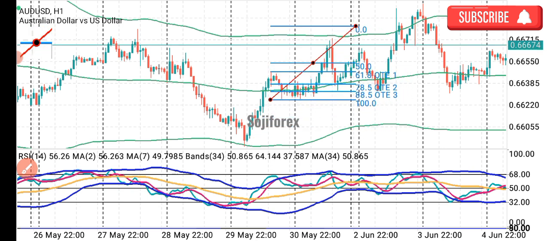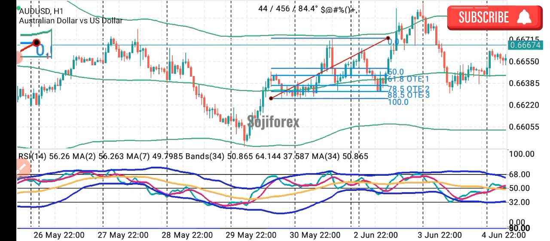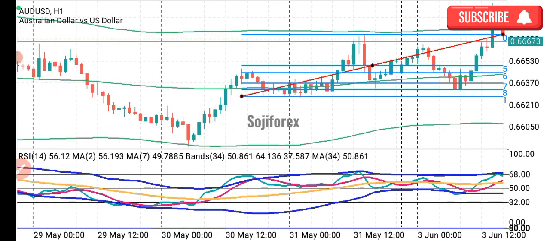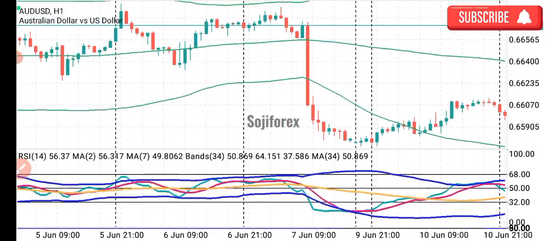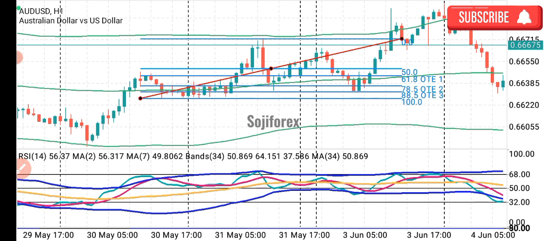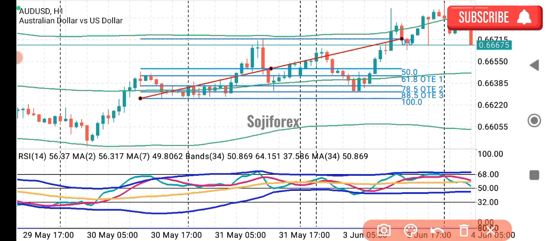It creates a new high, so I'm going to mark this new high now. Okay, I have my new high marked out, which is from here to here. That is my range, because the pullback is here and price went here.